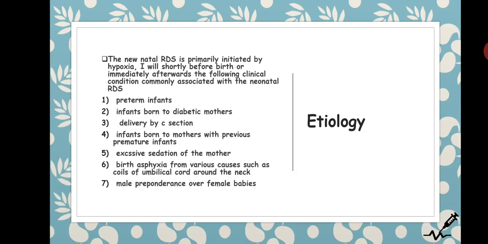The following clinical conditions are commonly associated with it: preterm infants, infants born to diabetic mothers, delivery by C-section, infants born to mothers with previous premature infants, excessive sedation of the mother, and birth asphyxia from various causes such as coils of umbilical cord around the neck. It is more common in male babies compared to female babies.